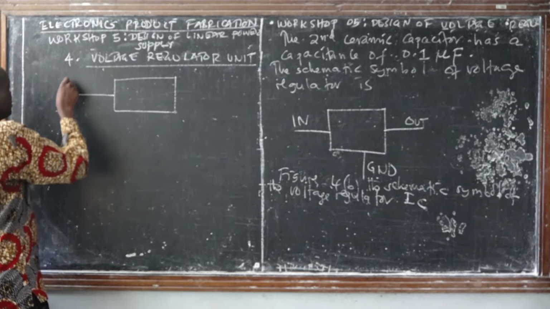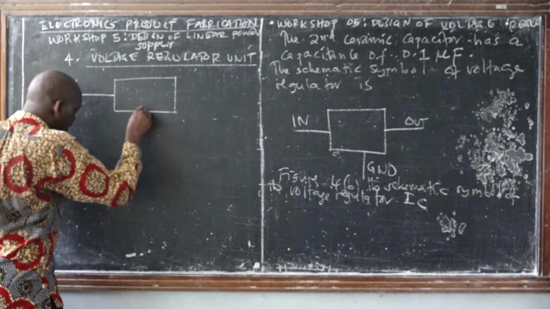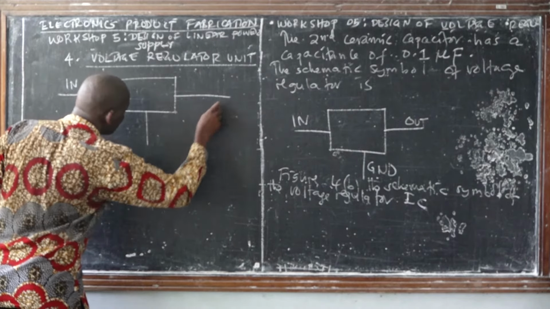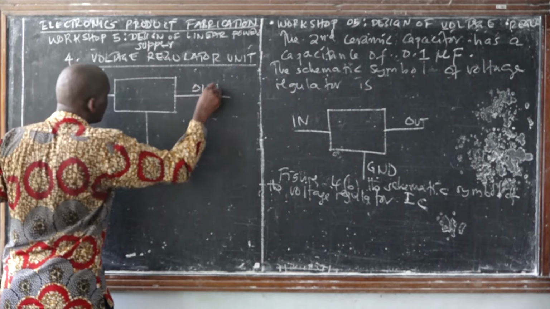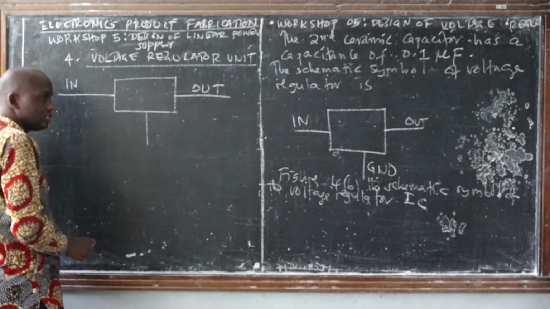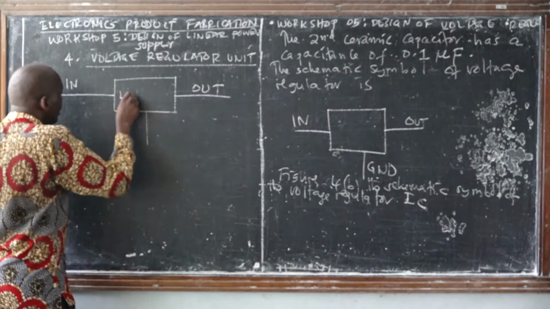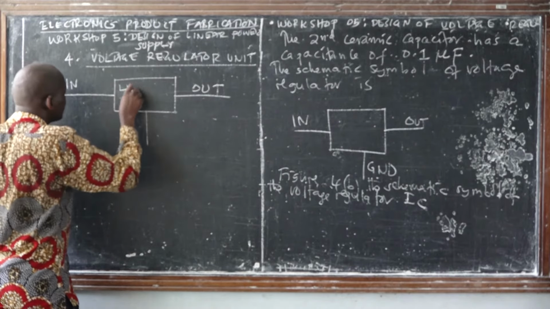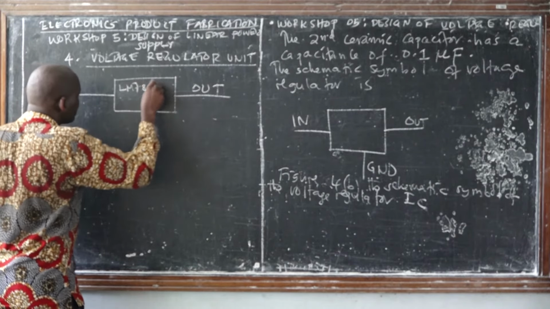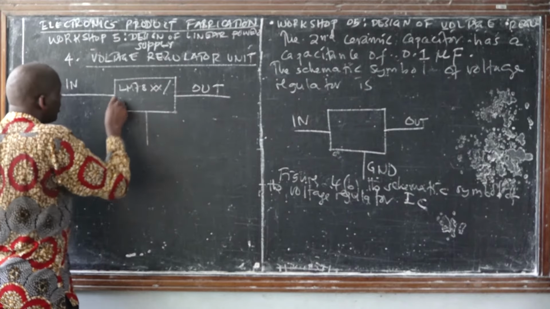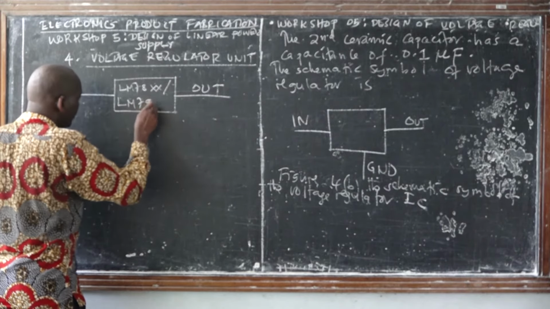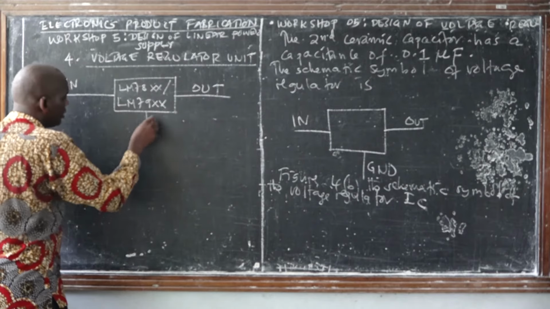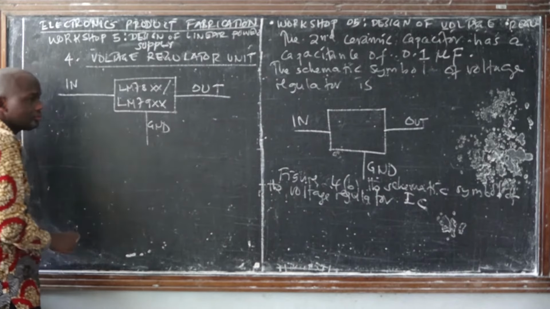So this is the input, this is ground, and this is the output, with LM78XX or LM79XX.